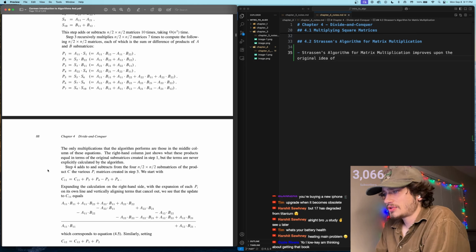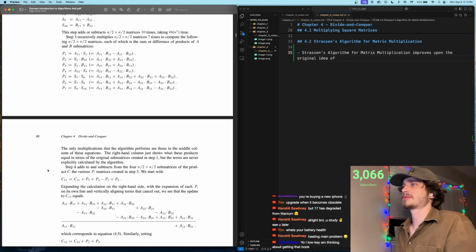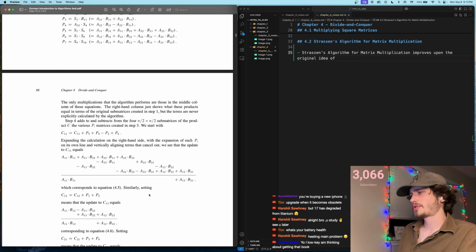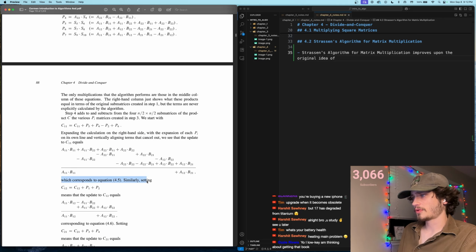Step 4 adds to and subtracts from the 4 n over 2 by n over 2 submatrices of the product C the various Pi matrices created in step 3. We start with C11 equals C11 plus P5 plus P4 minus P2 plus P6. Expanding the calculation on the right-hand side with the expansion of each Pi on its own line and vertically aligning terms that cancel out, we see the updated C11 equals, which corresponds to equation 4.5.